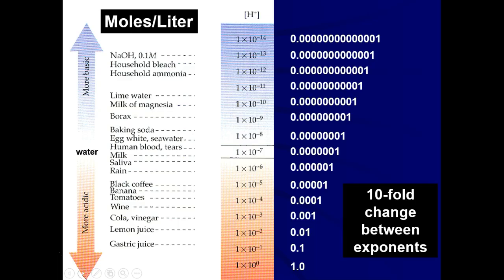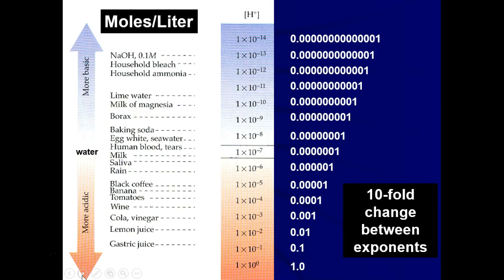Now, if we look at a lot of substances, we are surrounded by and use a lot of things that are acidic and basic. It's part of our everyday life. It's part of the world. And you'll notice that right here in the middle we have water.